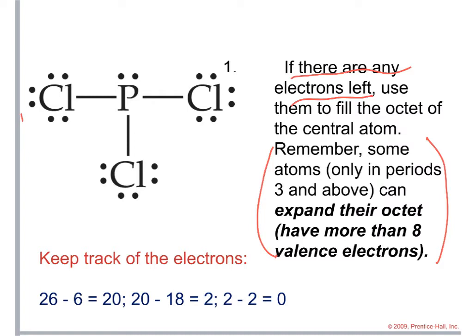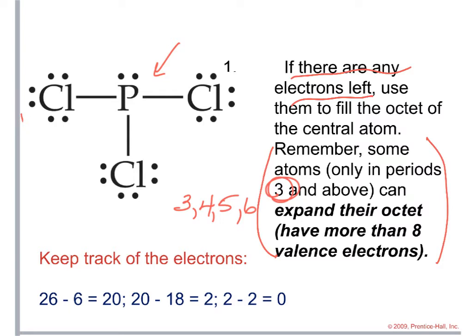They are typically elements that are farther down on the periodic table. So the general rule is if an element is in period 3, 4, 5, 6, or 7, as far down as you want to go, the larger elements can expand their octets.